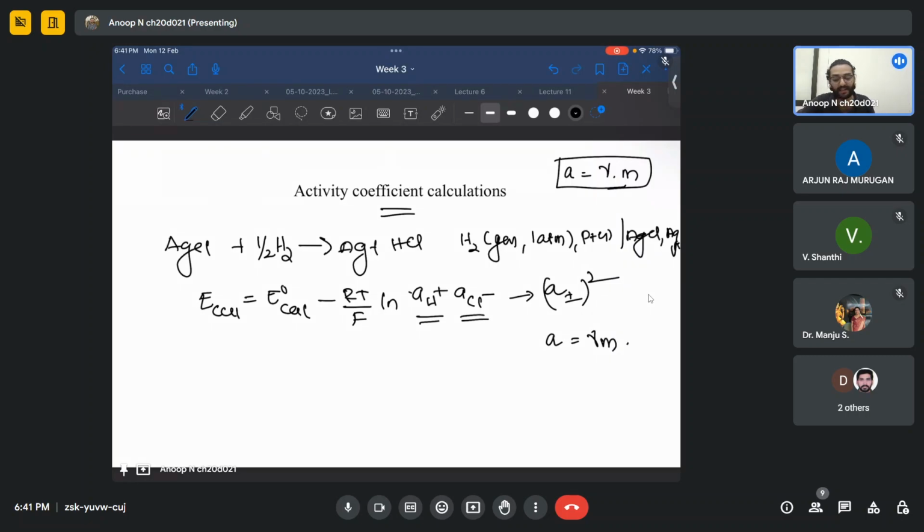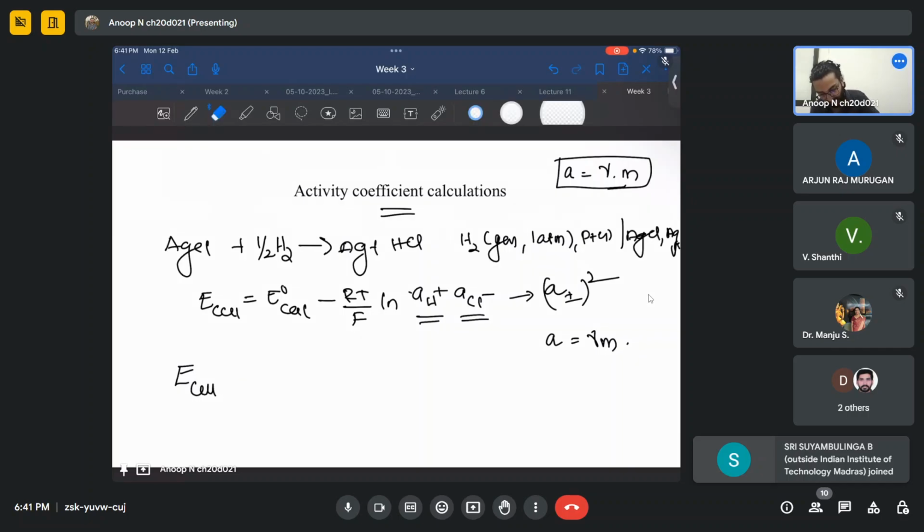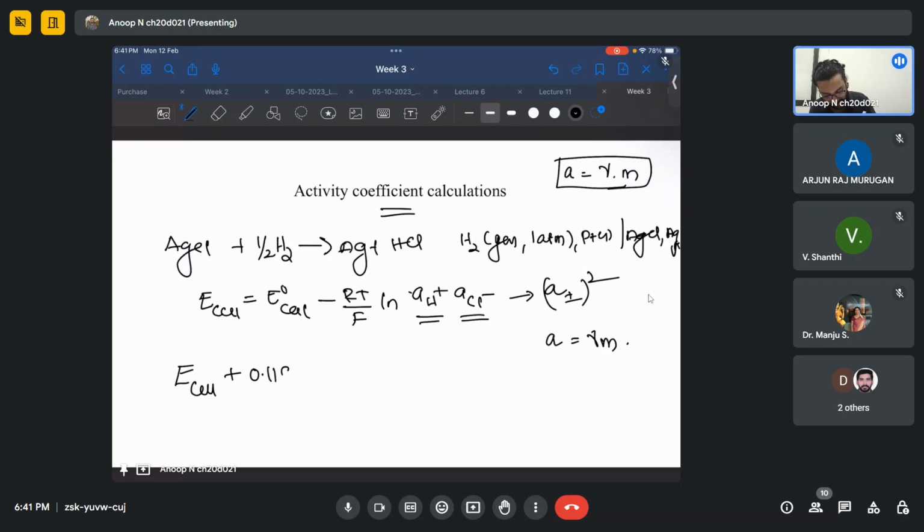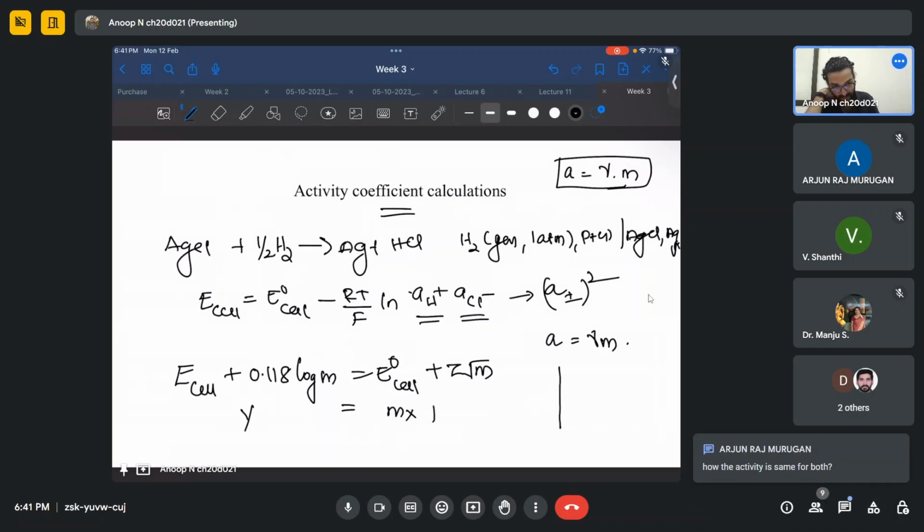Using the Debye-Hückel limiting law for a dilute solution, we can finally write E cell plus 0.118 log m is equal to E0 cell plus Z root m. Z is a constant which is 0.5 for a univalent interaction. From here we can write it as y equal to mx plus c.